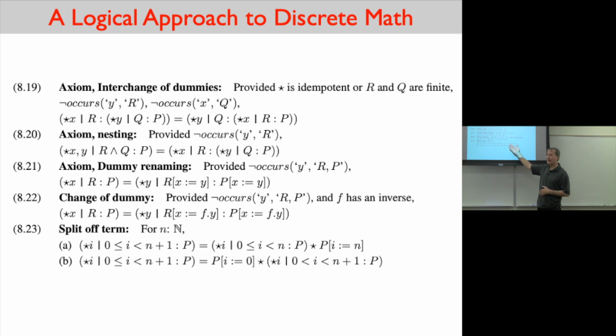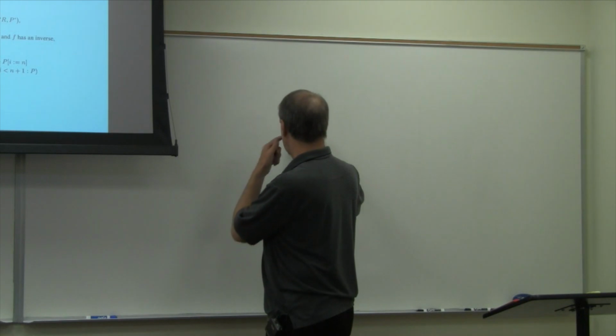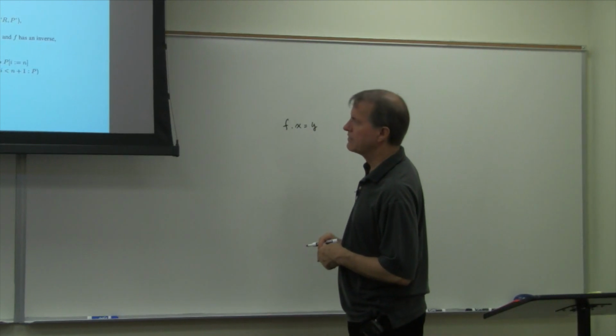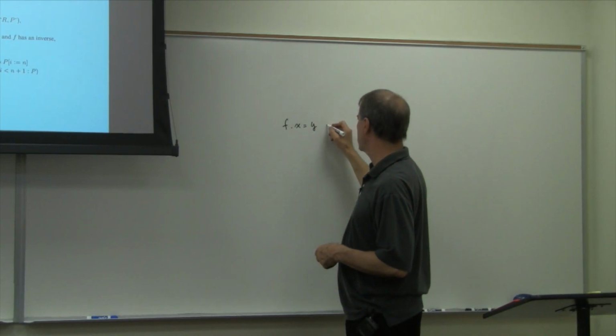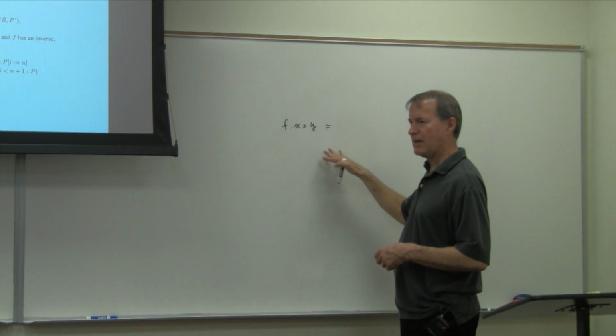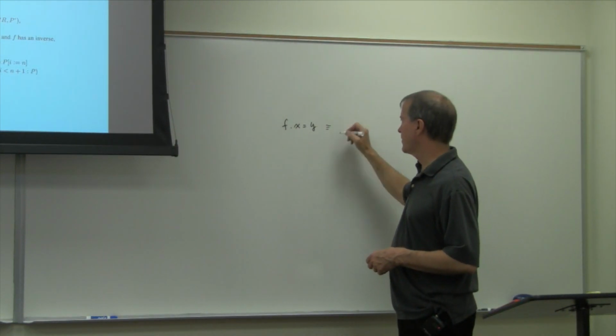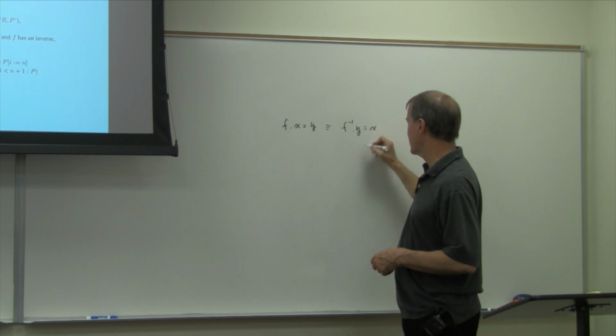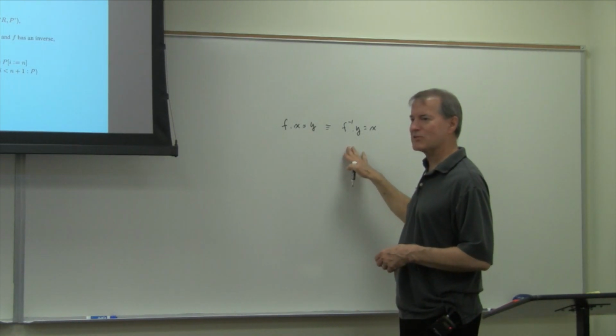I think this was so important that I said this is one of the questions on an exam. And so we used this concept that f had an inverse. And remember, in doing this, we said f dot x equals y is equivalent to what? If f has an inverse, going the other way, what does it say? Not f dot y, but f inverse dot y equals x. I think this is one of the steps in that proof.